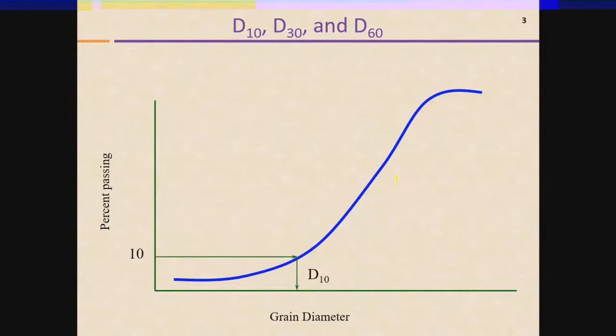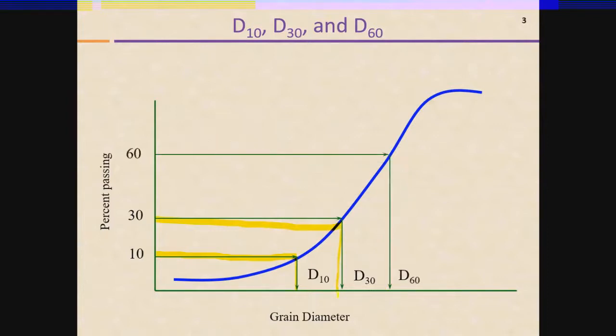The value of D10 means the size of soil corresponding to 10% passing, and the value of D30 means the size of soil corresponding to 30% passing, and the value of D60 means the size of soil corresponding to 60% passing.